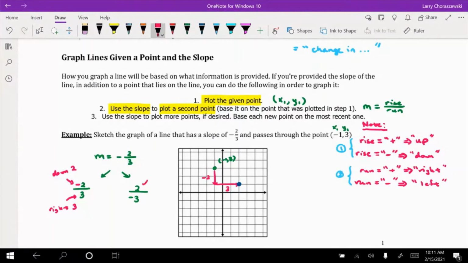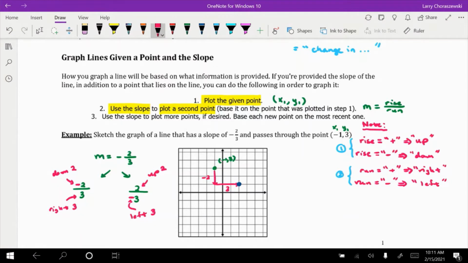So with this version of slope, what would the numerator tell us to do? Yep, up 2. And then the denominator, since that 3 is negative, we'd have to go left 3. So let's go back to the point -1, 3.